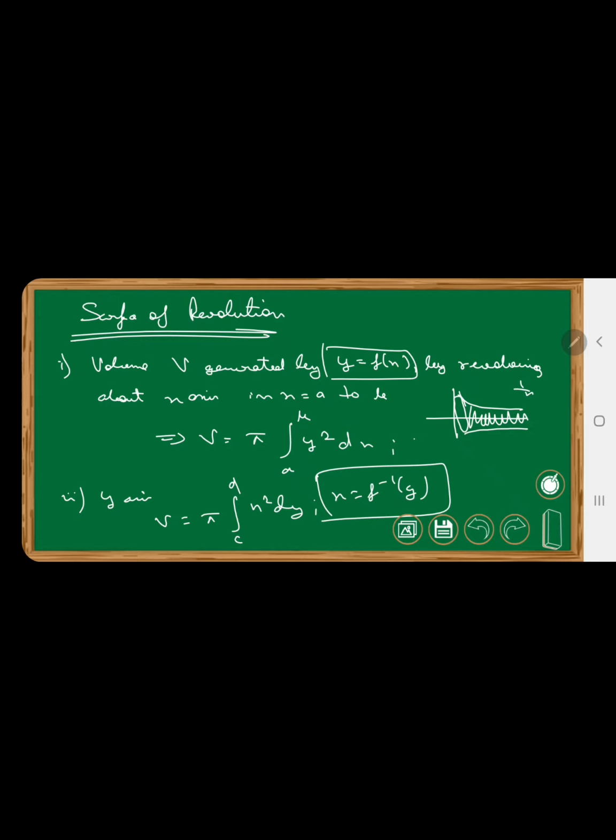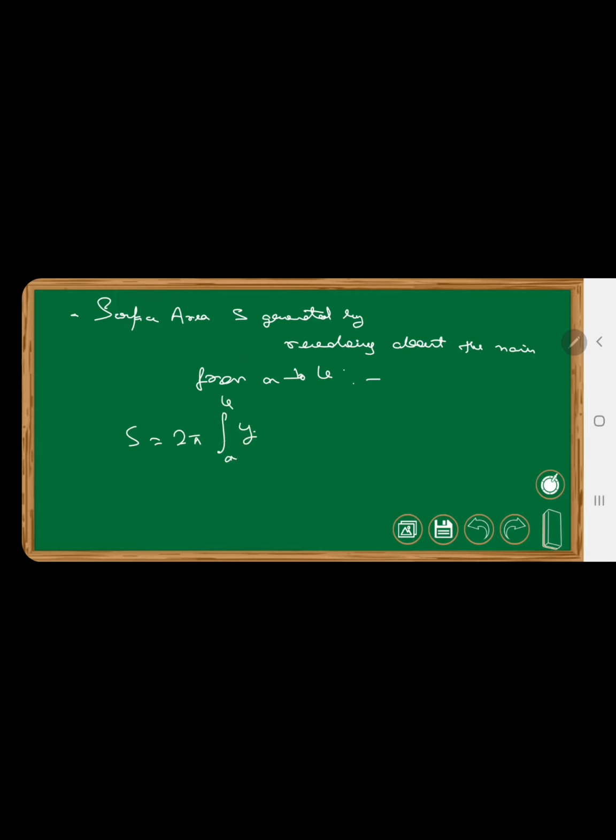Now next we will talk about the surface area. So surface area S generated by revolving about the x axis from a to b is given as S equals 2 pi times the integration from a to b of y times root of 1 plus y1 square dx. y1 is the first derivative of y.